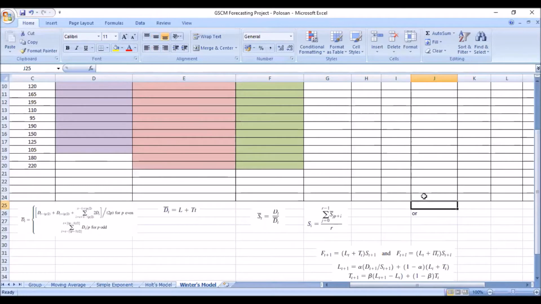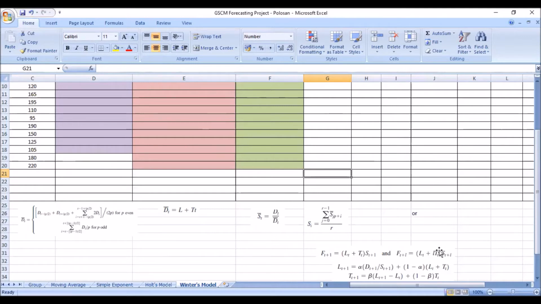For the last 4 periods, it's quite different, because we have to use a different formula. We can only find the level and trend until the last data with demand, but for the seasonal factors, we can find them until the end, to the point where there's no data at all.